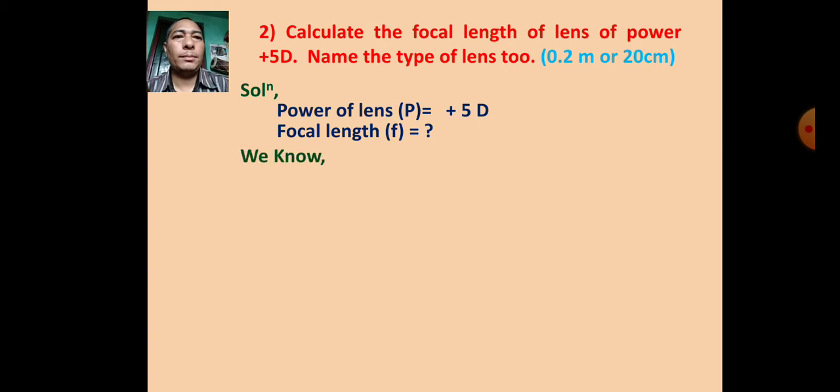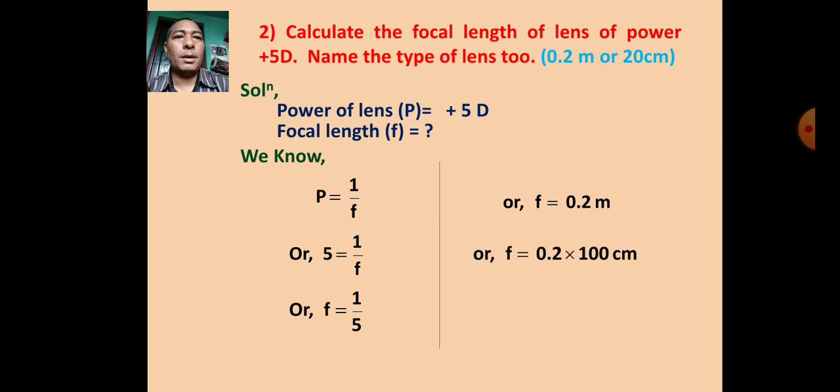We know P equals 1 upon f, or 5 equals 1 upon f, or f equals 1 upon 5, or f equals 0.2 meter, or f equals 0.2 into 100 centimeter.